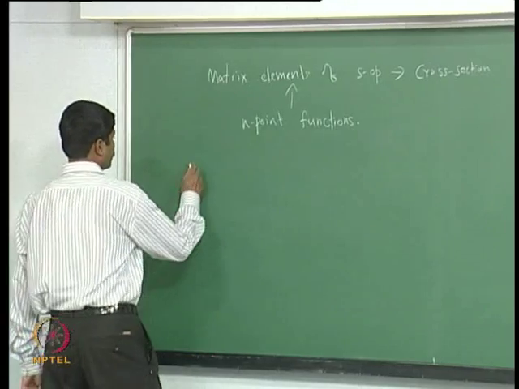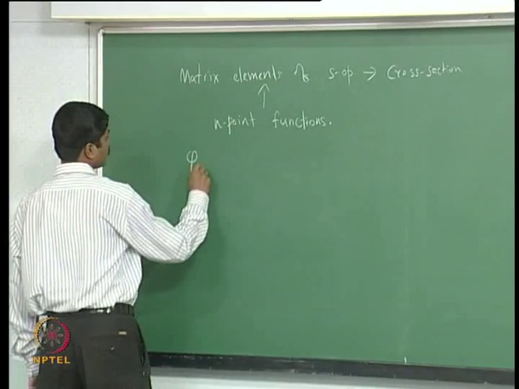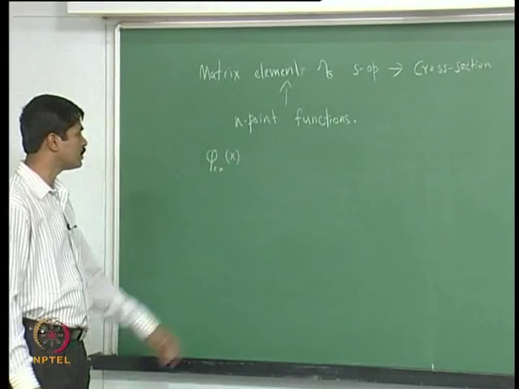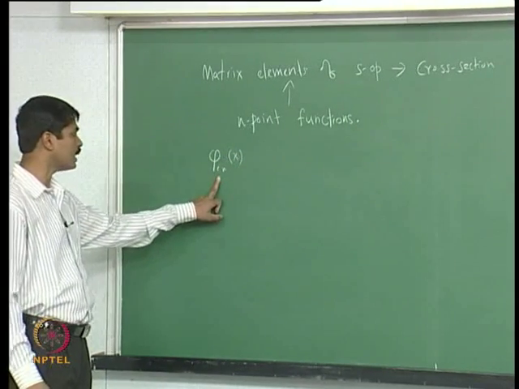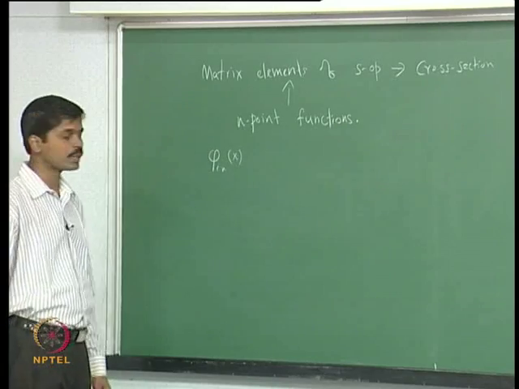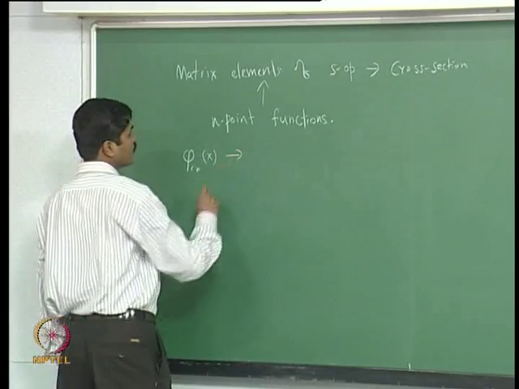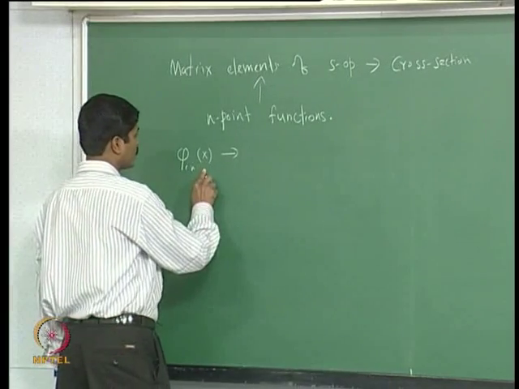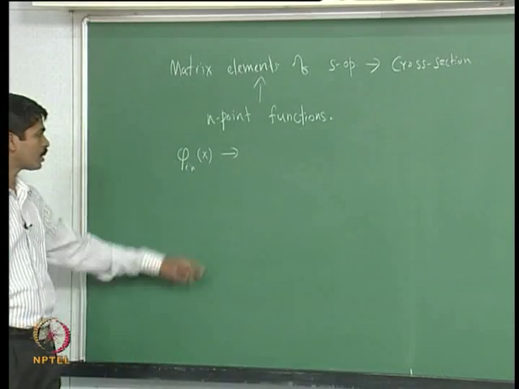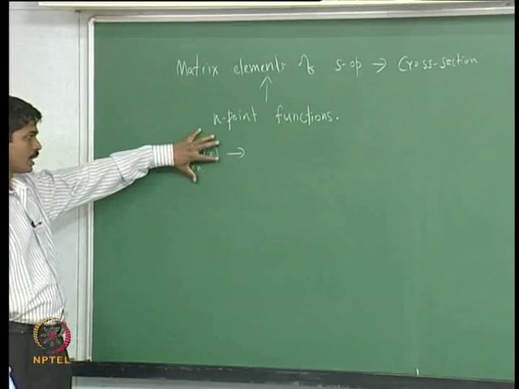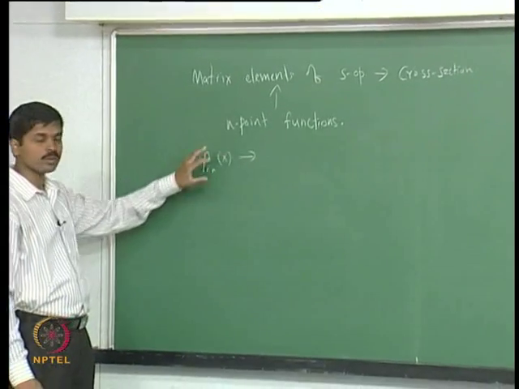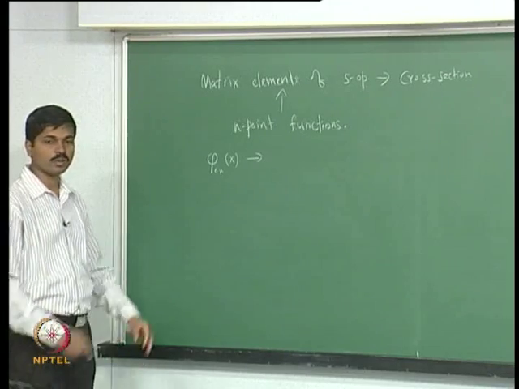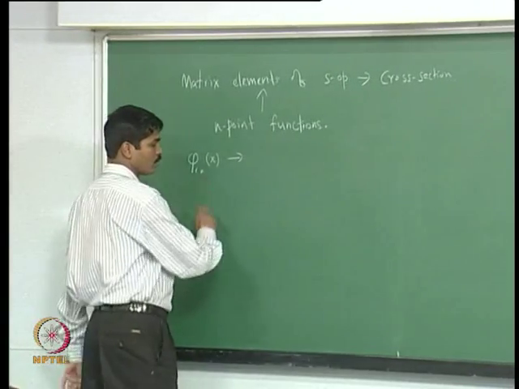Let us say, for example, you have the free field phi in of x. This free field generates the in space, the Hilbert space, and all the observables in this free theory are essentially expressed in terms of phi's and various functions of phi, and you compute the matrix elements of those functions.